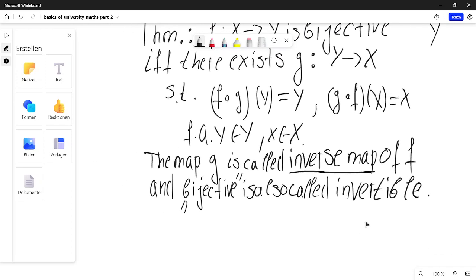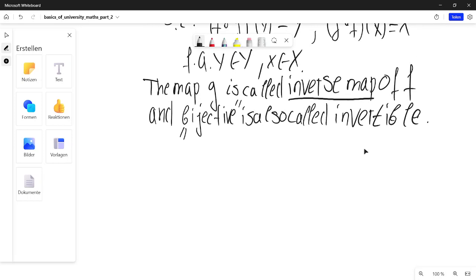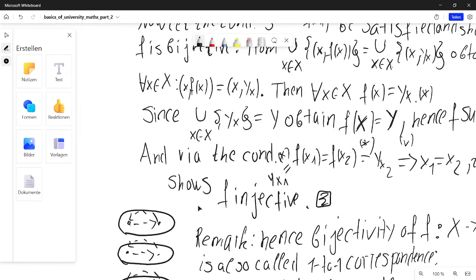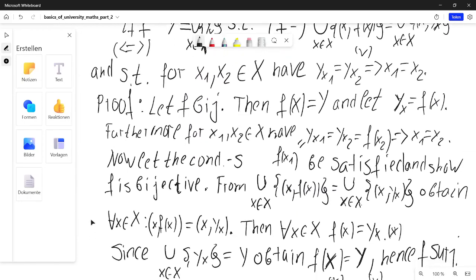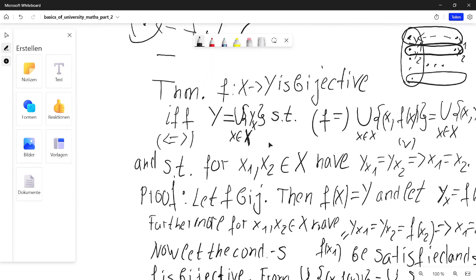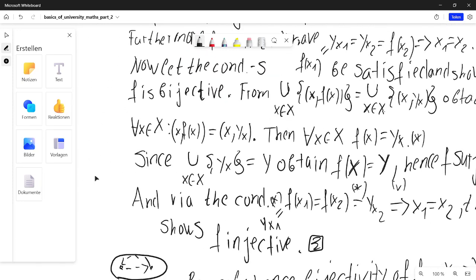Alright, and now let's prove it. Well, of course, we prove it following our very insightful realization here, right? Let F be bijective.